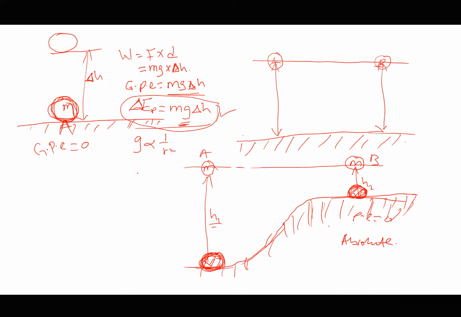But if we consider the ground or the Earth's surface as the reference point, both objects have 0 potential energy. Absolute values of potential energy cannot be measured relative to the Earth's surface.